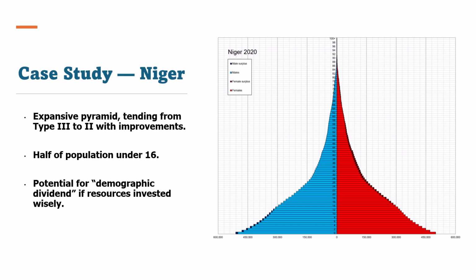On the other side is Niger, which exemplifies an expansive pyramid leaning towards the type 3 pattern. Birth rates are extremely high and half of the population is under 15. Child mortality remains significant, but with medical improvement, more young people survive.